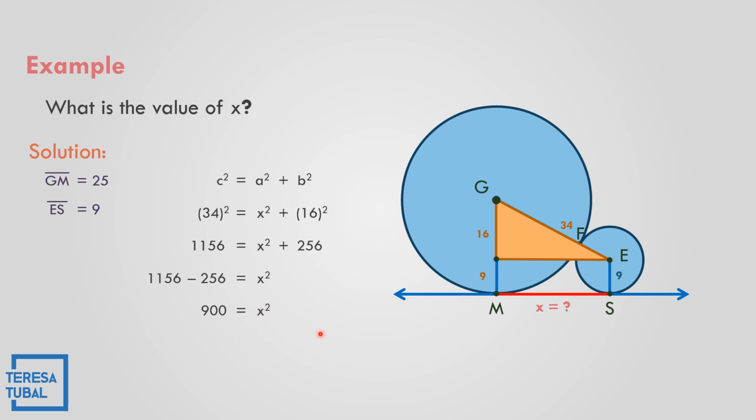To solve for x, square root property, or write the square root on both sides. So, the square root of 900 is equal to the square root of x squared. And the square root of 900 is equal to 30. So, 30 is equal to x.